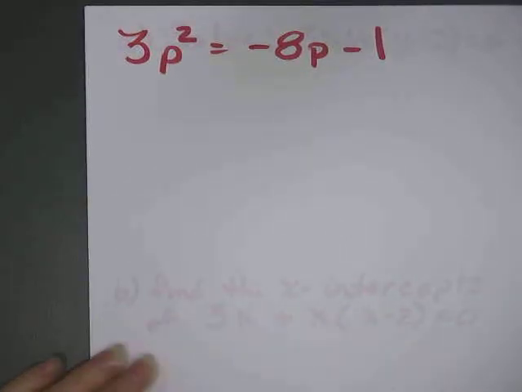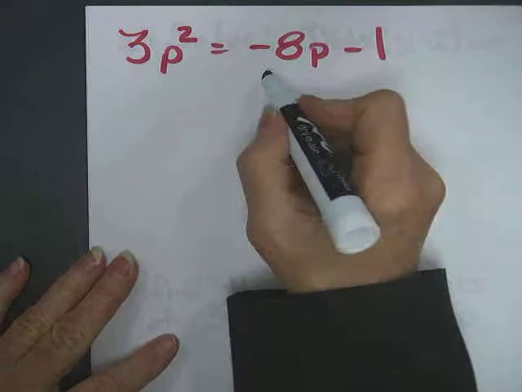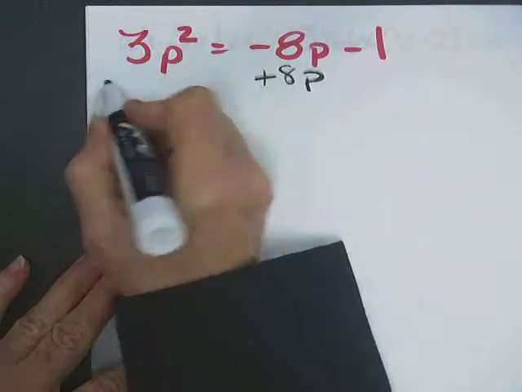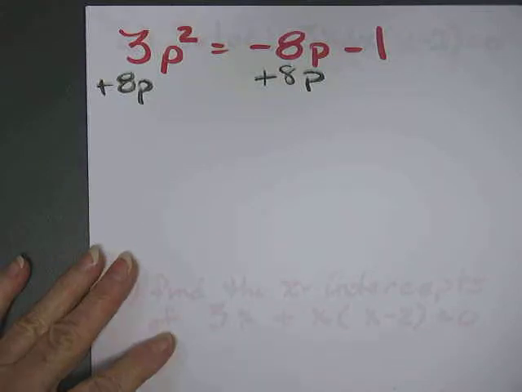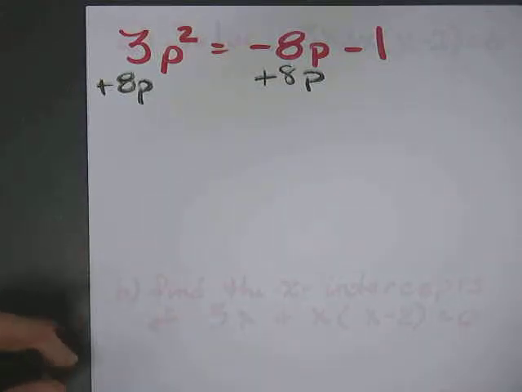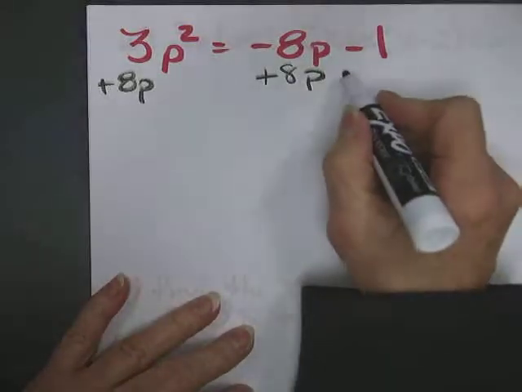This one, it's not in standard form, is it? Standard form, we need it equal to 0. Can't you just do negative 3b squared? We want to keep it positive. It's better if you keep the A positive. You could, yeah.